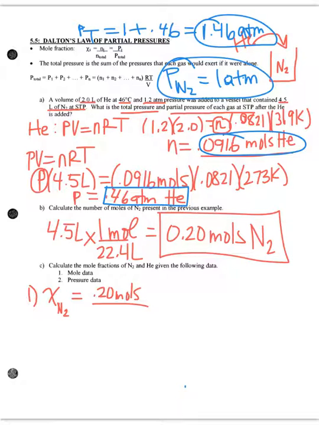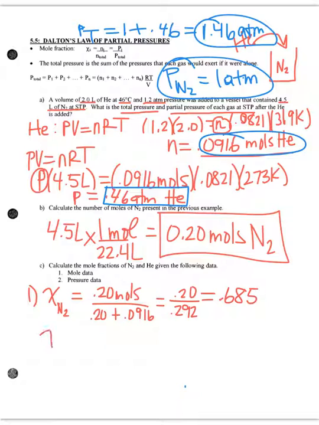You're going to add 0.2 plus 0.0916. So you end up having approximately 0.2 over 0.292. And then you should get 0.685. All right, so that's the mole fraction for the nitrogen.